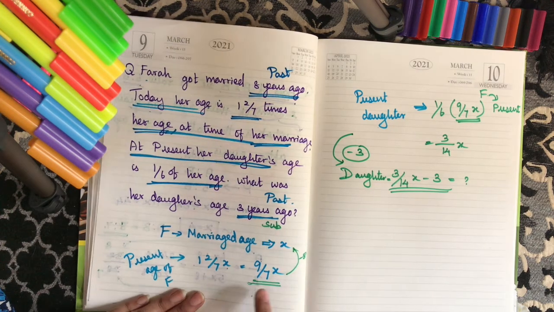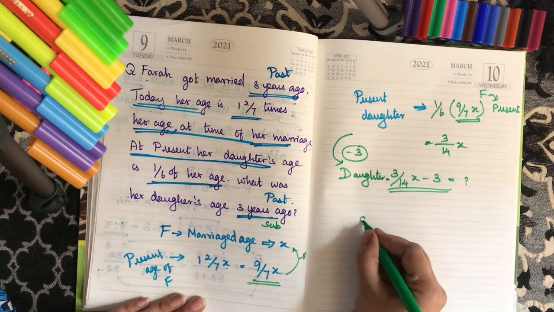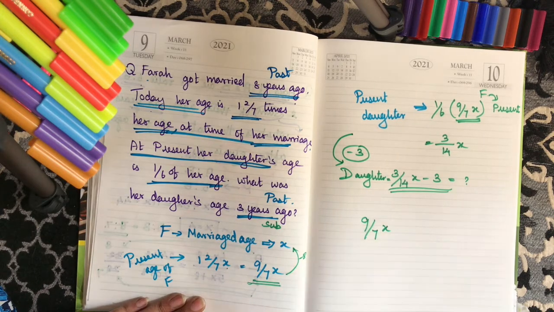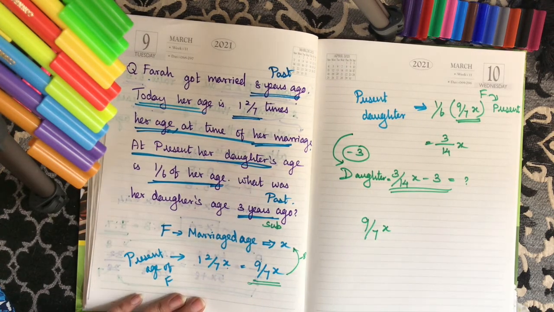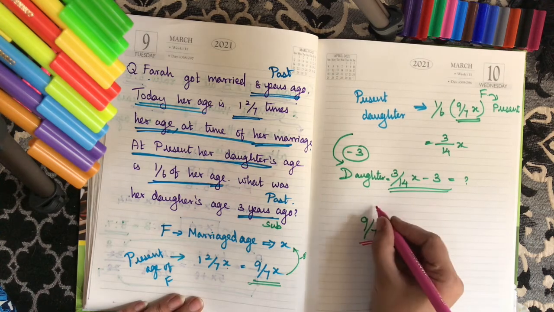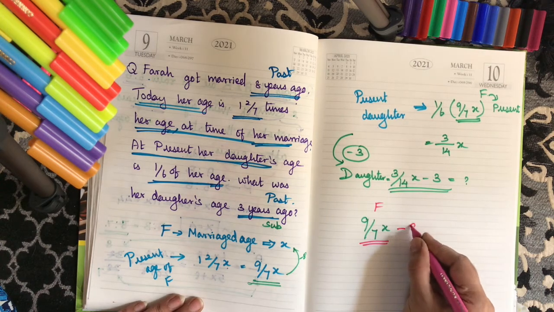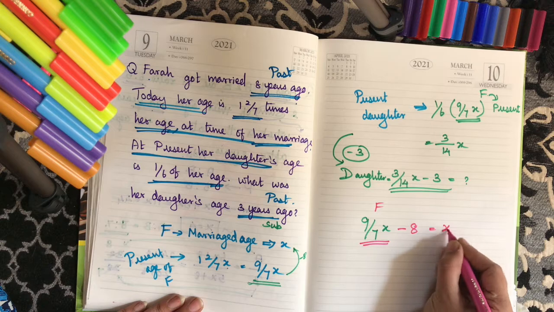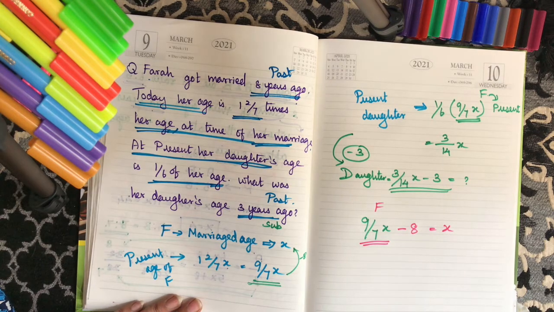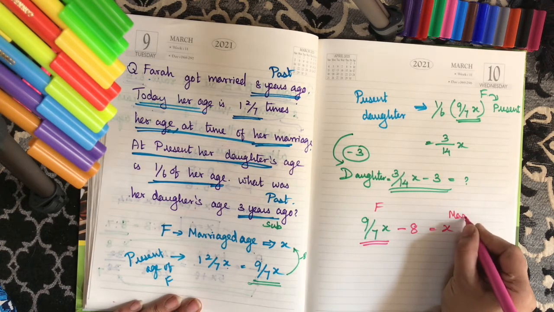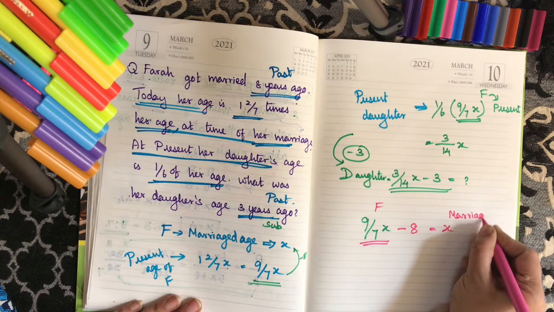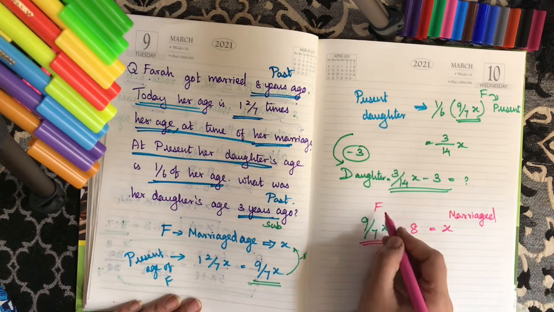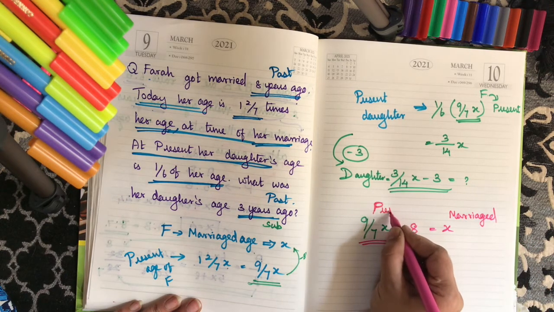I'm just taking this one. So 9 by 7 is the present Farah's age. So 8 years before is nothing but the marriage age. Right? This is the marriage age. This is Farah's present age.